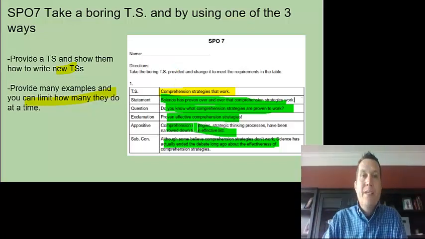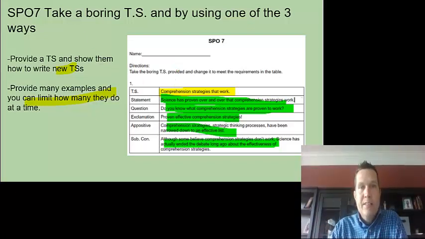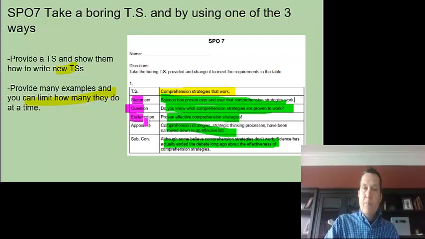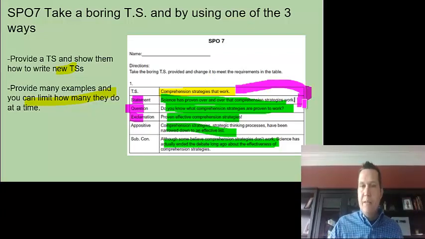So again, you'd model this first. You would not want them to do all of these at one time, right? So maybe you work on just statements and a question first, or maybe just the different sentence types first. For example, they take that boring topic sentence, then they turn it into a statement. Then they turn it into a question, an exclamation.